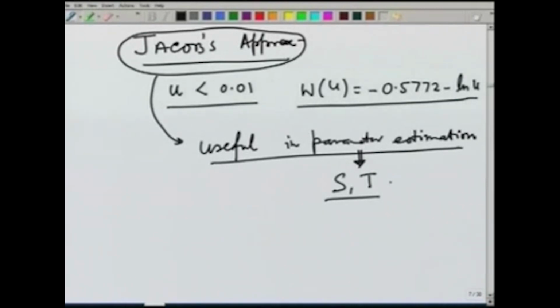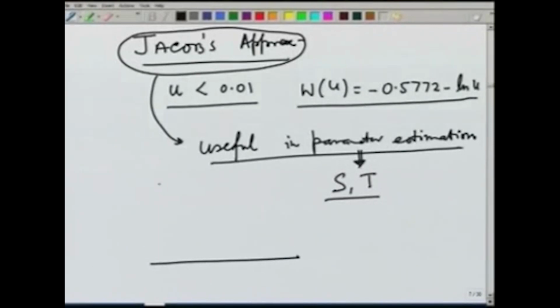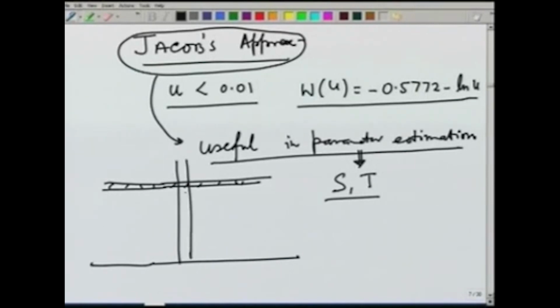So, since the transient method involves measurement for smaller times, it is preferred over the steady state method. In transient conditions, what we can do is we can select an observation well. So, if the pumping well is here, we can select an observation well at a distance of r and note down how the water level in this observation well is decreasing.